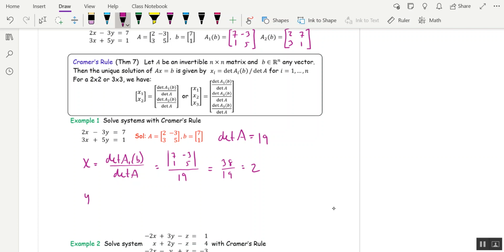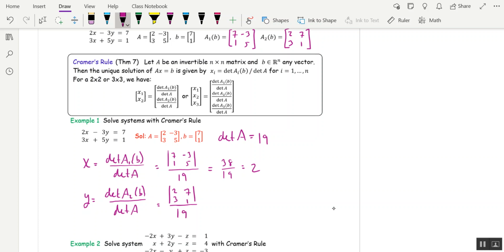Okay, and y, I'll write down the formula, determinant A2 of B over determinant A. Okay, A2 of B is the matrix A with the second column replaced by B. And put 19 in the denominator.